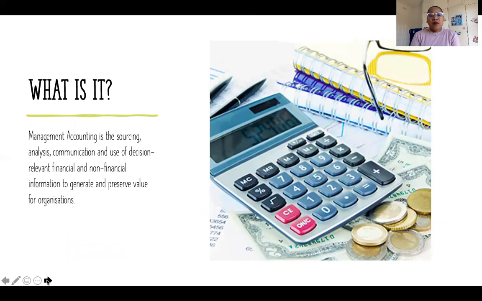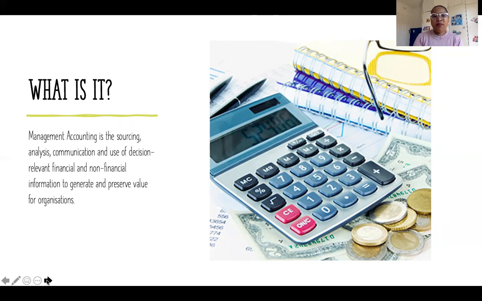As I said, it's about collecting information, analyzing it, and communicating it, so that it's very much aligned to the decisions you have to make and the information you need to make the best decision at the time.